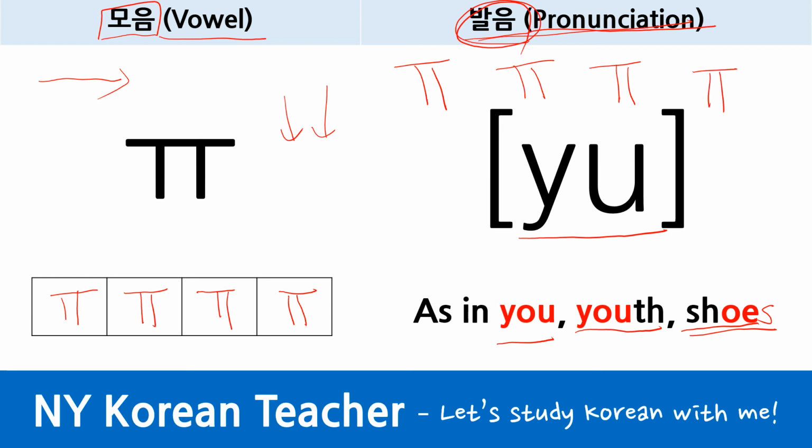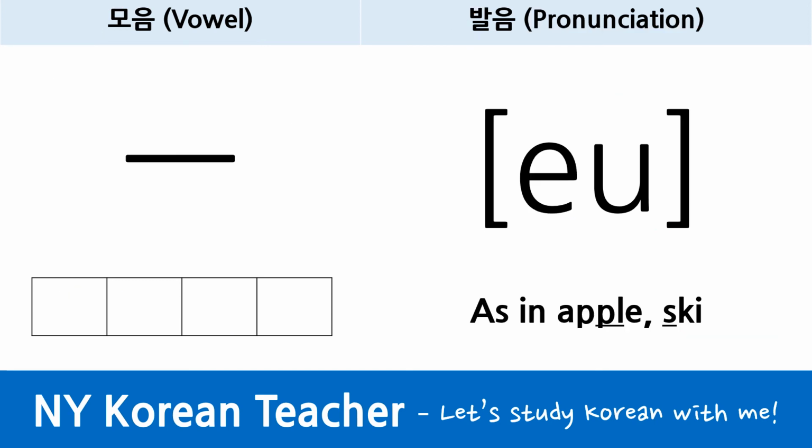잘했어요. Good job. 모음, vowel. This one looks very easy. It's just one simple stroke like a horizontal line here. 으, 으, 으, 으. 발음, pronunciation of this letter, 으.